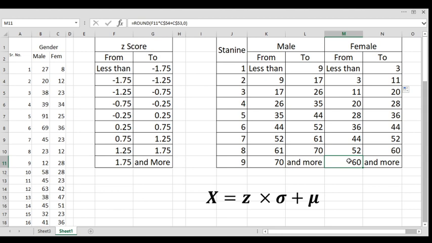In this way, we can convert the raw scores into standard scores that we have seen here, that is stenine scores, by using Excel. Friends, in this way, today we have learned how to convert the raw scores into stenine scores, that is standard scores.